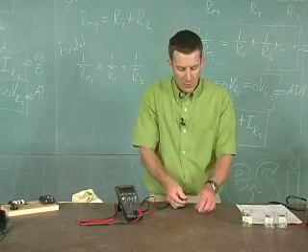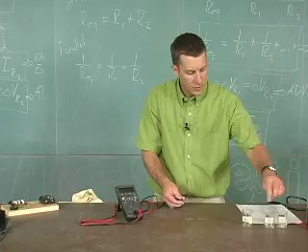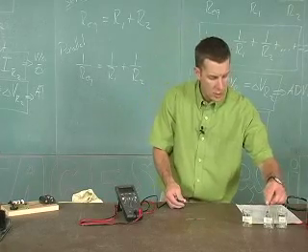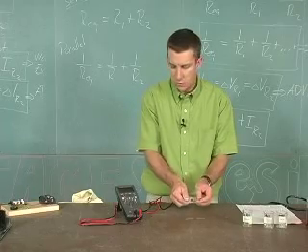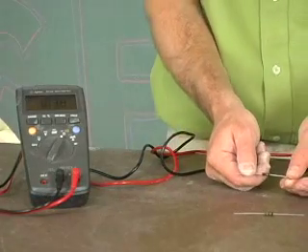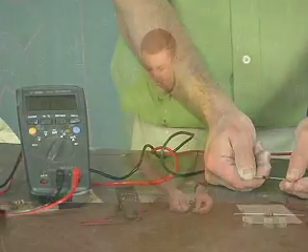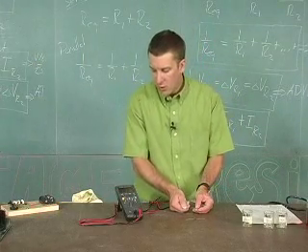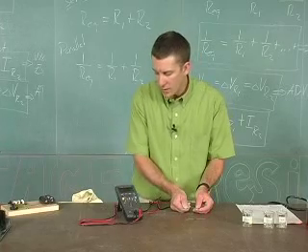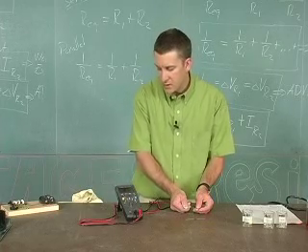For a different resistor, for example, a 1000 ohm resistor, you can see that by putting it between the two probes, you get 1.036 kilohms. So it's reading 1036 ohms.